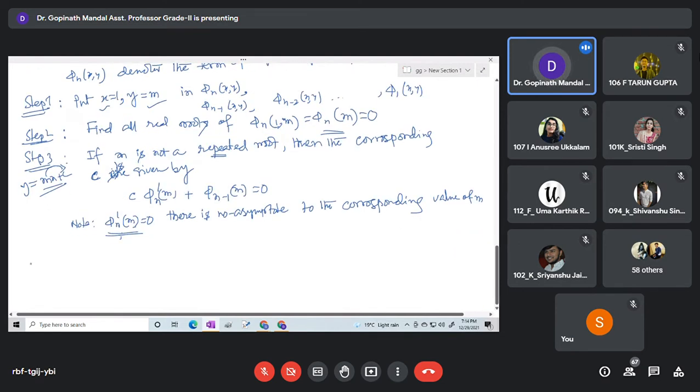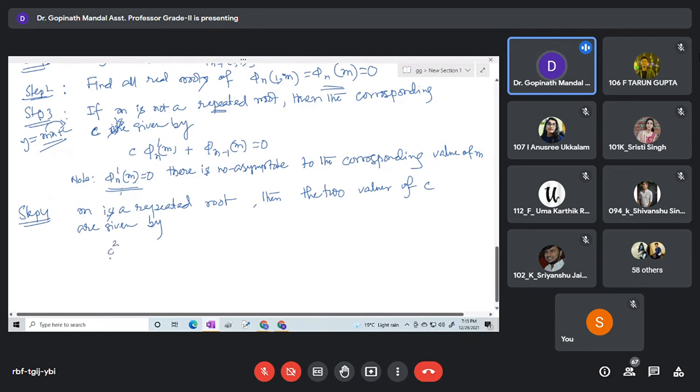Now second case, step 4, if m is a repeated root, then the two values of c are given by these equations.